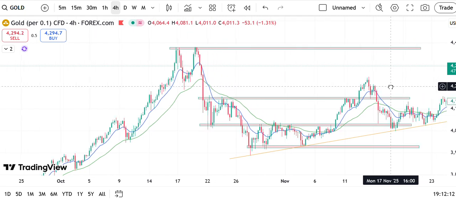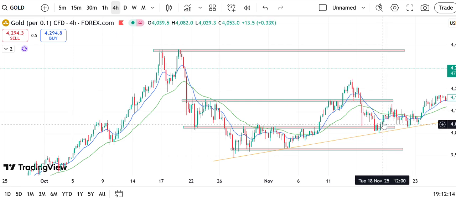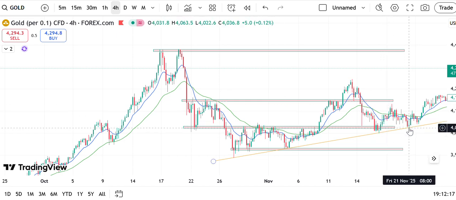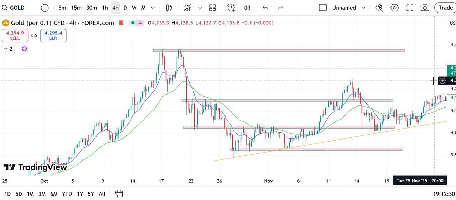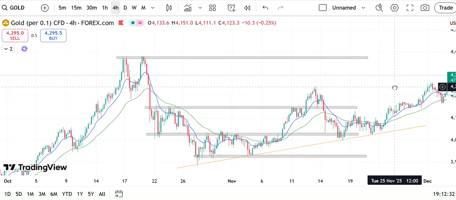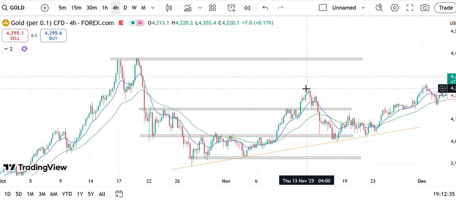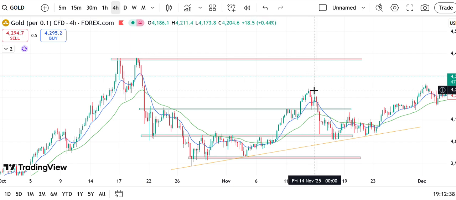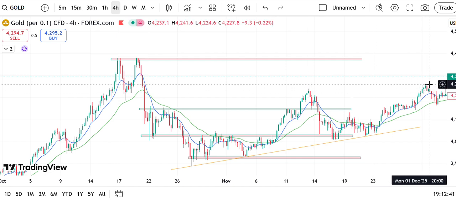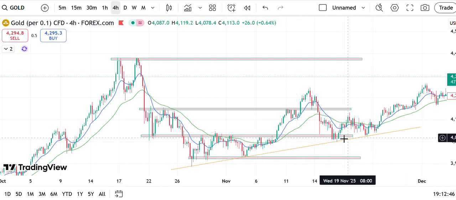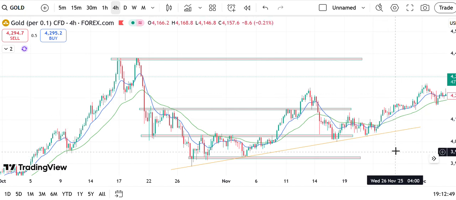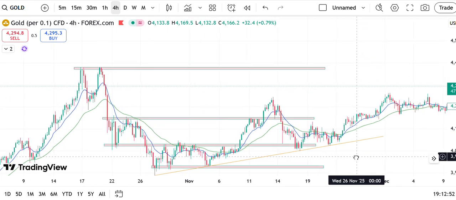Then the market came back again, touched the line for the fourth time, and went up and up until it went above this high here, telling us that this trend line was a very beautiful one to take a trade.